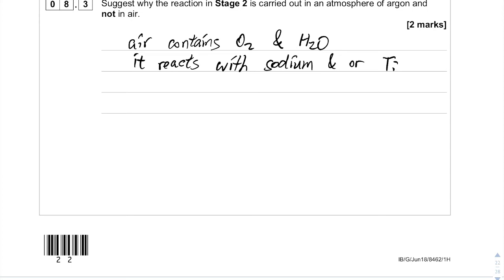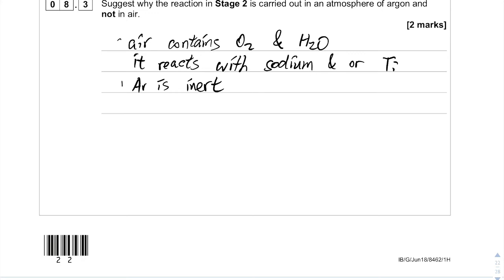And I think if you just write argon is inert. So comparing the argon and air, we know that argon doesn't react with anything most of the time, and air contains oxygen and water, which will react with our reagent and potentially contaminate them, so that is a bad thing.